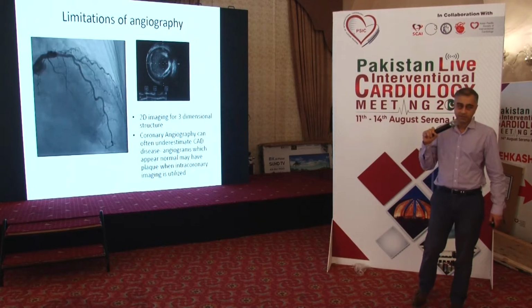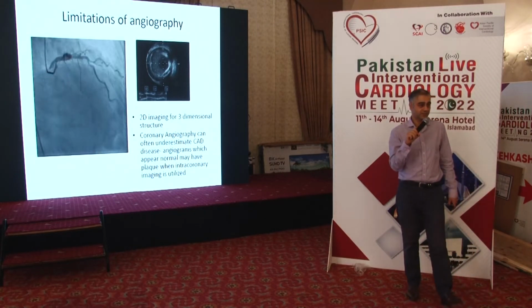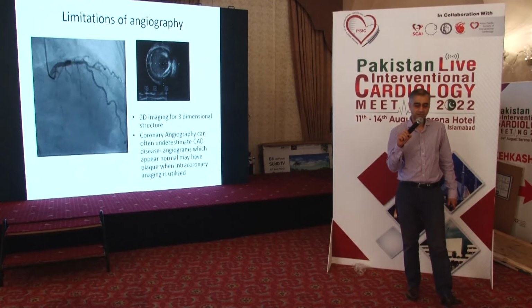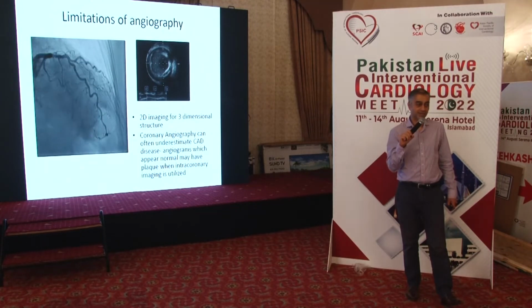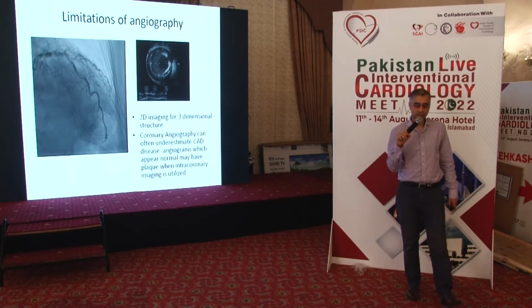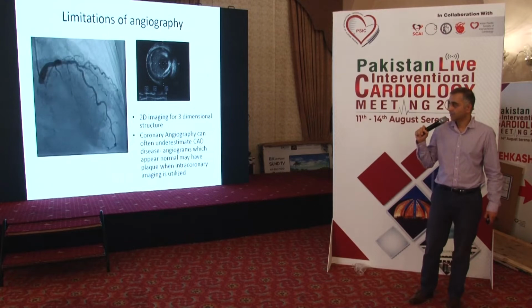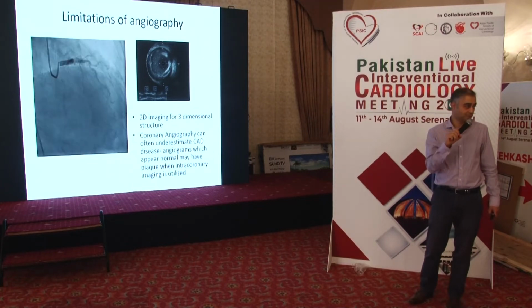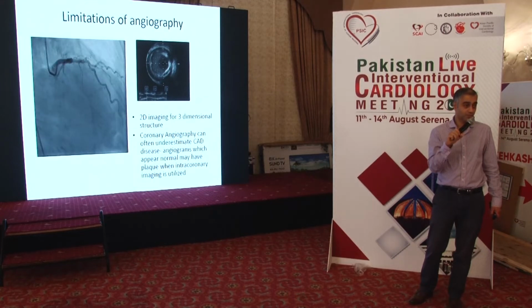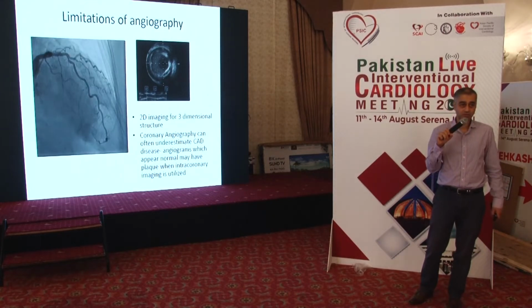Okay, so we know that there are limitations of invasive angiography. So essentially what we're doing with invasive angiogram is looking at what is a 3D structure on 2D imaging. And as a result, if you look at this LAD on the face of it, most of you will probably say this looks normal. So this is what you would pass off as an unobstructed coronary artery.